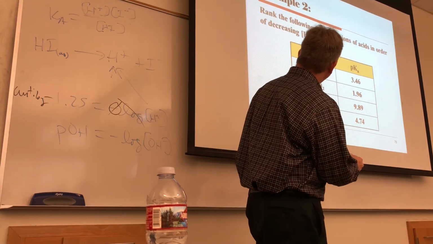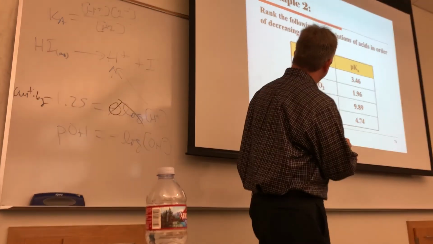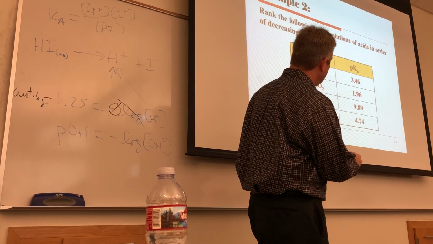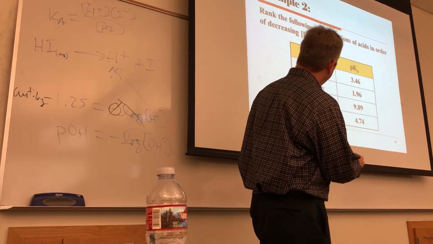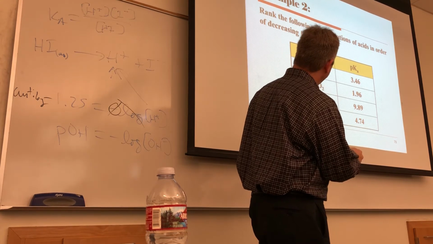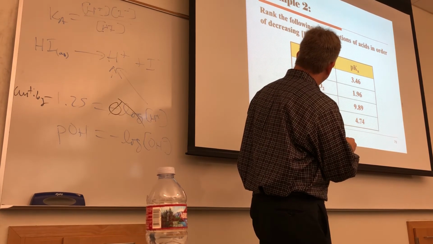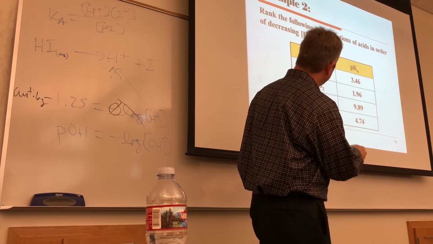So here I'm ranking the acids in order of decreasing this. Okay. So the higher ones of this is going to be the lower pKa. So that's going to be the highest H plus concentration, then that, then that, then that. And I want to increase order of decreasing this. So that's how I would do it. So I'd start here, there, or here, there, there.